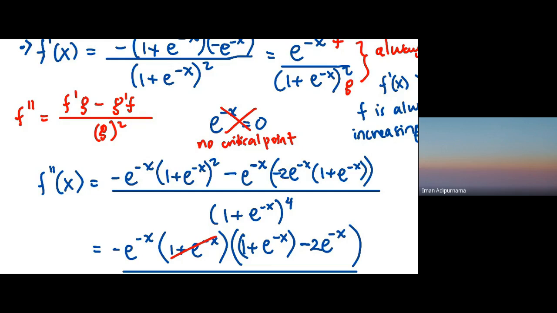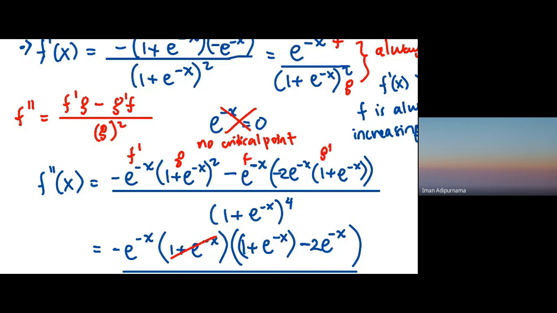We derive, it becomes negative e to the negative x. This is f prime here. And then multiply with this g, and minus, I write the f first, this e to the negative x, and then this is the g prime. So this is g, this is f, this is g prime.